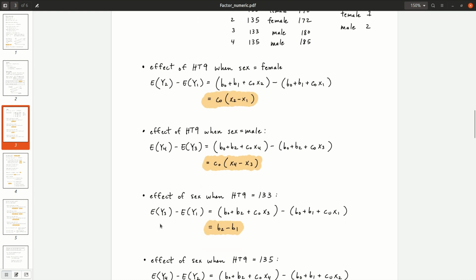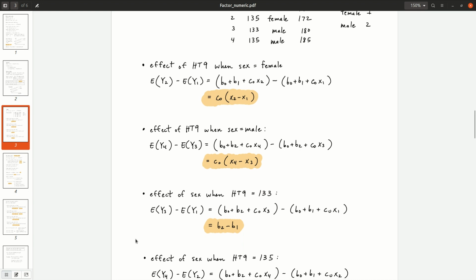So if you look at the difference in these expected values, you get b2 minus b1. The reason is that the b0s will cancel, and this term c0x3 will cancel with c0x1 because x3 is equal to x1. So the height at age 9 is 133 here, and it's also 133 here. So those will cancel, and you're left with b2 minus b1.